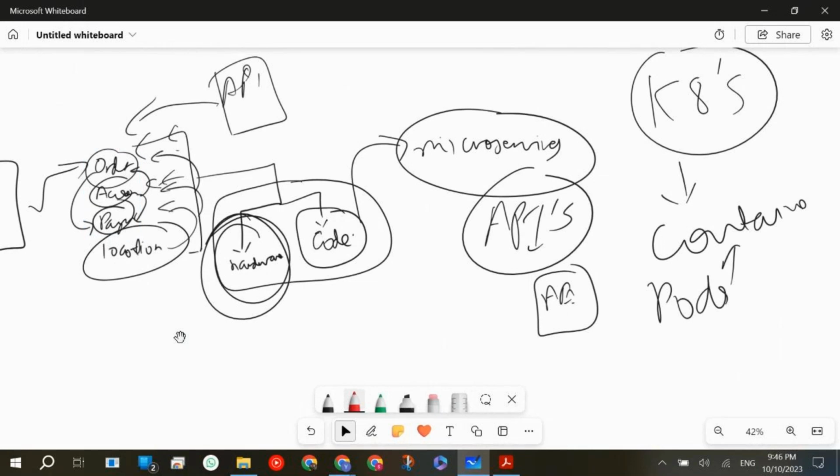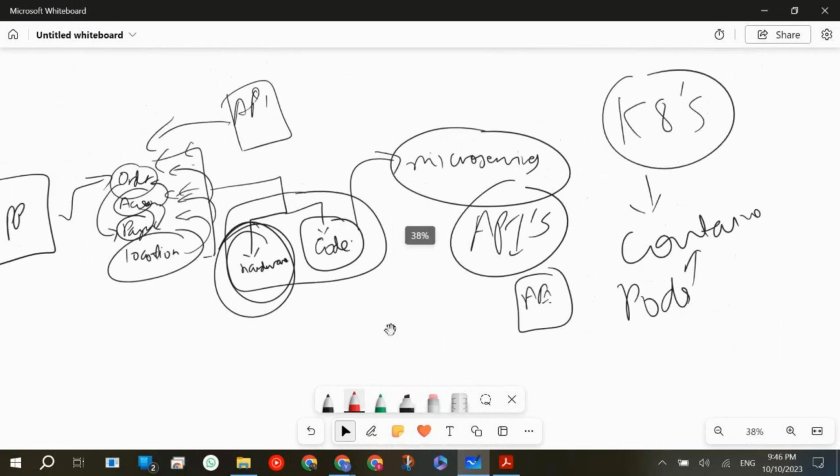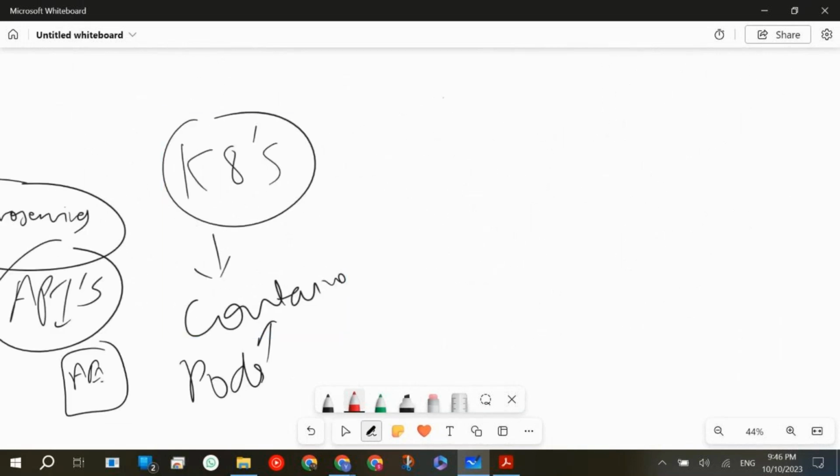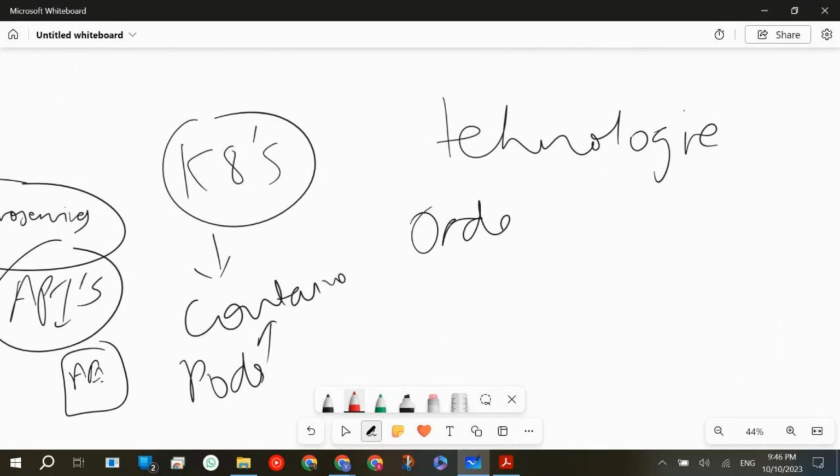So developers thought, why should we stick to the same language? We can choose the different technologies which our team is expert in. So different microservices started adopting different technologies. For example, the order team thought, okay, Java is good.